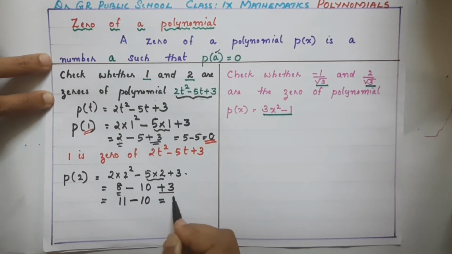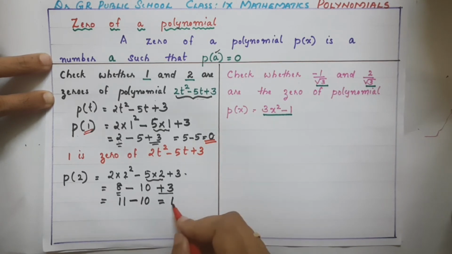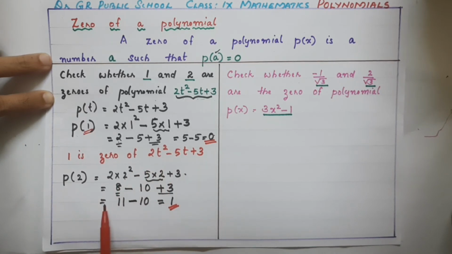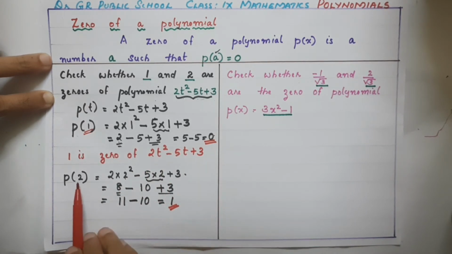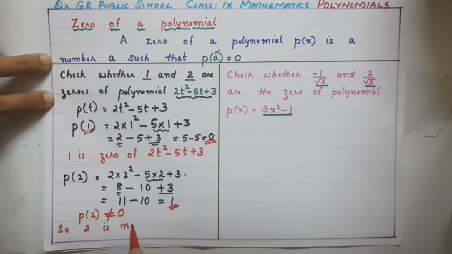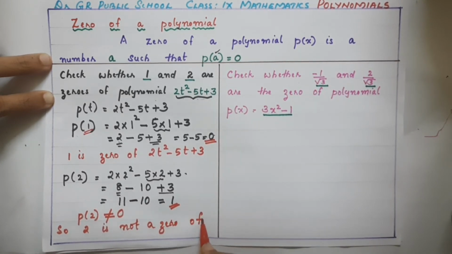What is it? 1. Isn't it? So we got the polynomial value as 1. So can you call this substituted value a zero of this polynomial? No. 2 is not a zero. What is the reason? P(2) is not equal to 0. So 2 is not a zero of this P(t). Okay, children.